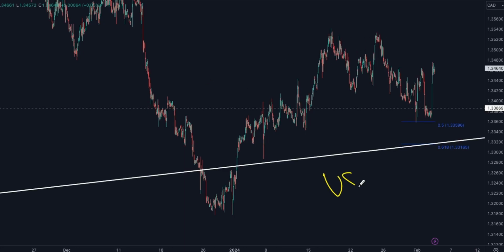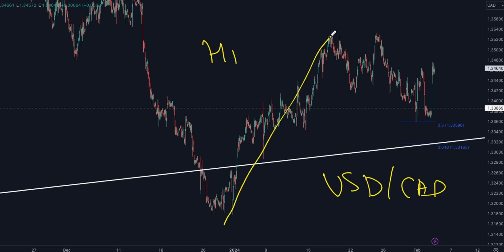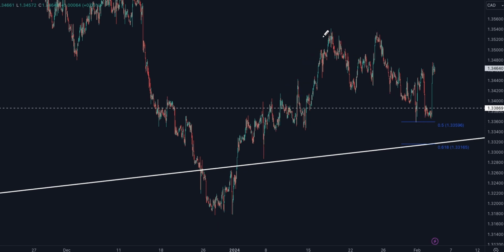Same with USDCAD H1 time frame. You can see the entire wave made a 50% retracement, exactly testing the fib level, and you can see this was almost a double top. It came down, not perfect, but almost a double bottom at the fib level.